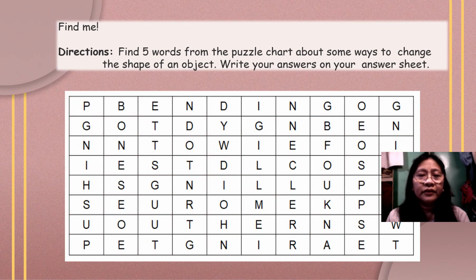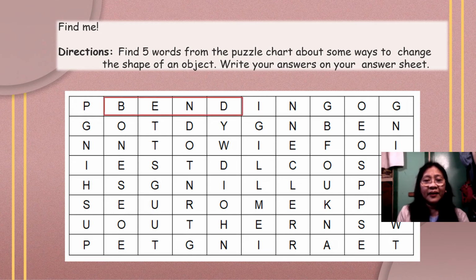Direction. Find 5 words from the puzzle chart about some ways to change the shape of an object. Let's find the words. The first word is bend.